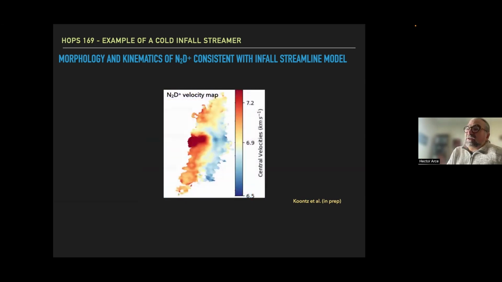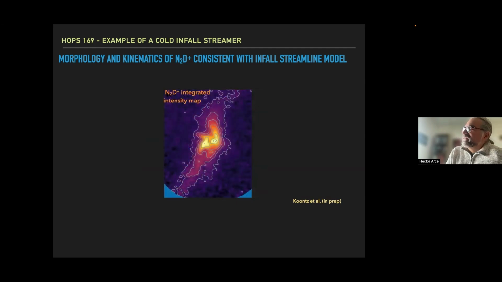And here's the velocity map, where if we look at the top, it's changing. There's a velocity gradient from the top to the bottom, to the center. And there also appears to be some rotation. We go back to the integrated intensity map.